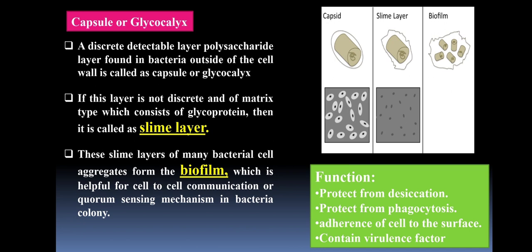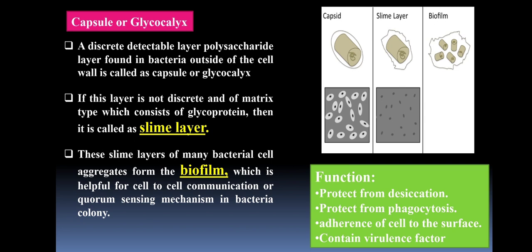Then, when the slime layer of many bacterial cells aggregates in a colony, this forms the biofilm. Okay, in a colony, when this matrix-type slime layer aggregates, it will form the biofilm. This biofilm is very helpful in cell-to-cell communication, or the quorum sensing mechanism, in the bacterial colony.